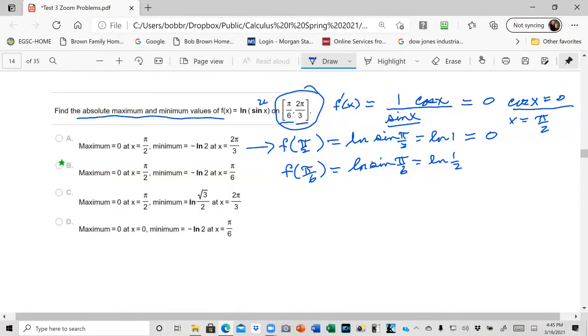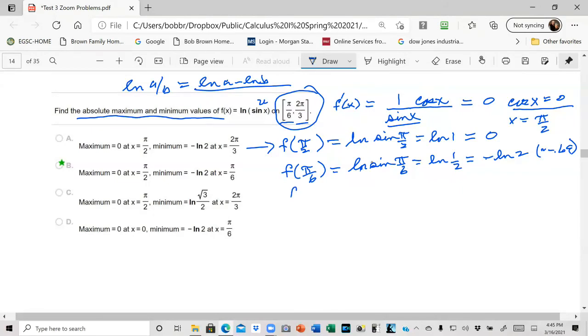So that is equal to minus ln of 2. You might remember that ln of a over b is ln of a minus ln of b. That's from college algebra. This is approximately minus 0.69 if you calculate on your calculator.